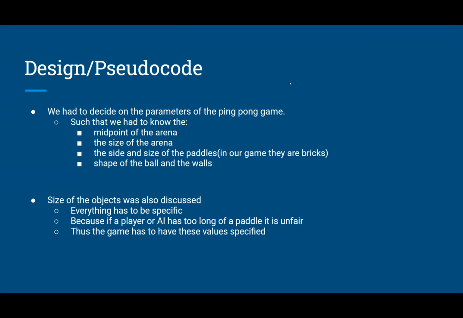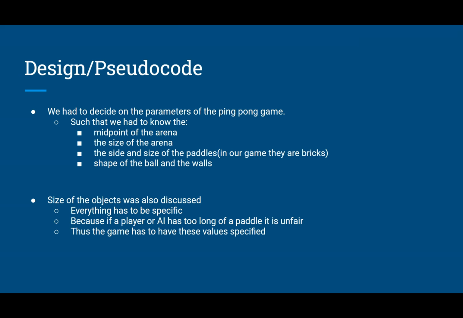Next, we had to make sure the sizes of the objects weren't too large, so it wouldn't be impossible to score on one side while it's easy on the other. If you make one paddle too short and the other too large, it's an unfair game. And if you give the AI a larger paddle and you have a smaller one, then the game becomes difficult for you.